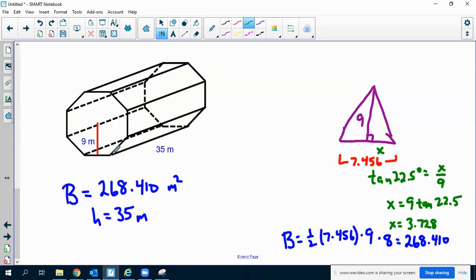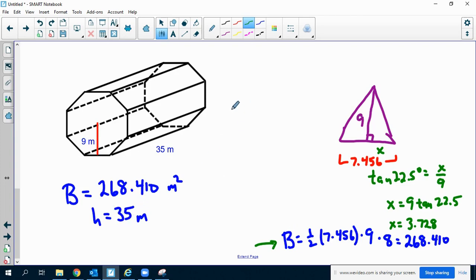Now in this octagonal prism with an octagon base, I have already calculated the area of the base, which, if you want a refresher on how to calculate it, you can watch the surface area video because this is the exact same problem. So I have the area of the base, which is 268.410 meters squared, and the height is 35 meters.